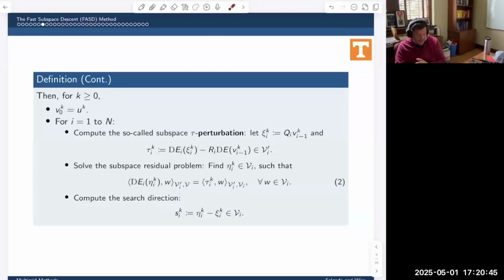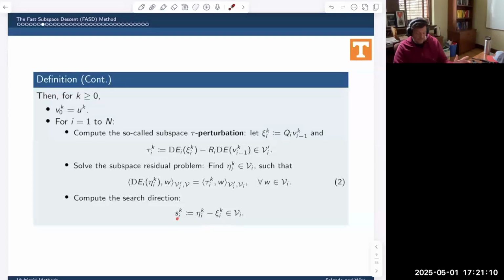Previously this was the coarse grid correction, but now it's just going to give us what's called a search direction. So it has the same structure as before. You take the solution of this equation and you subtract from it the full approximation. Solution minus full approximation. Before that was our coarse grid correction. Now it's simply going to give us a search direction.